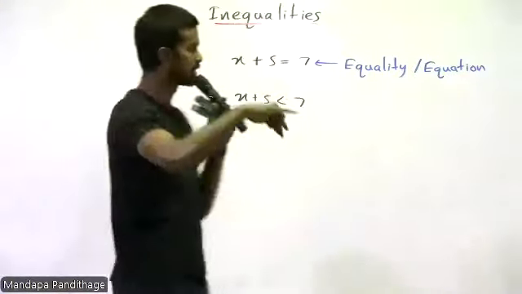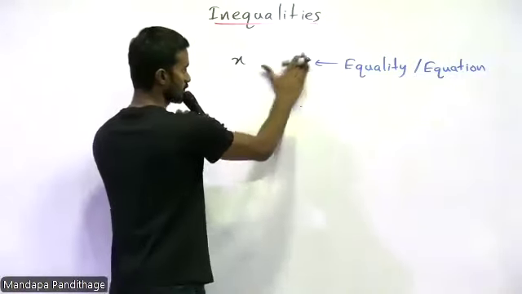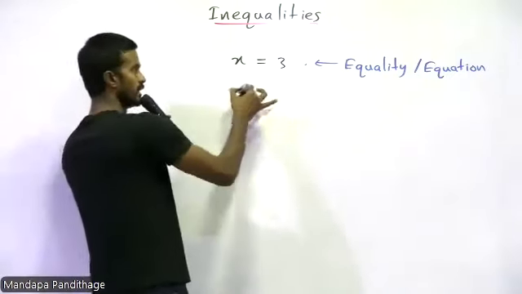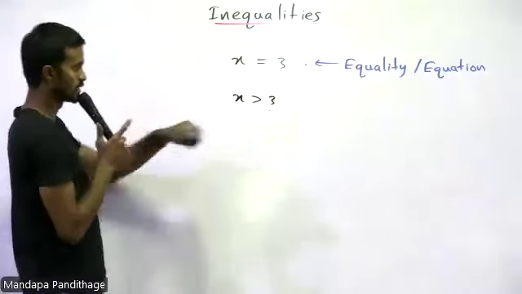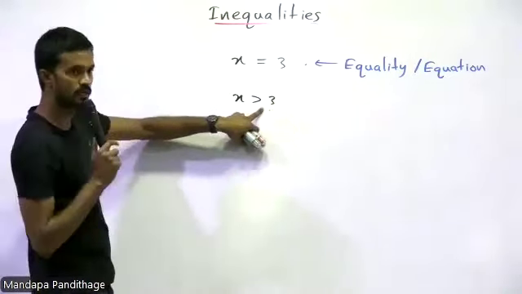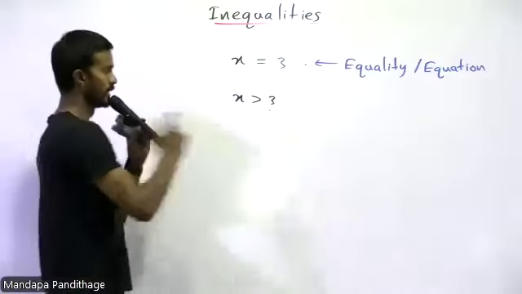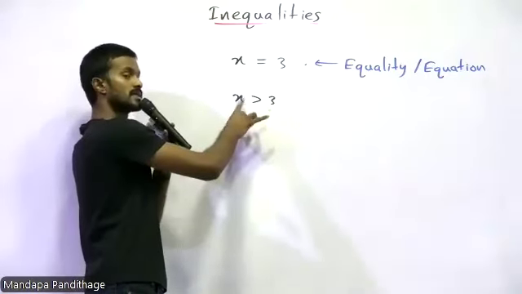The reason we call this inequality: now look at this. Here, x is equal to 3. If I write the inequality x is greater than 3, you can't say exactly what the value of x is, but you can say that x is greater than 3.